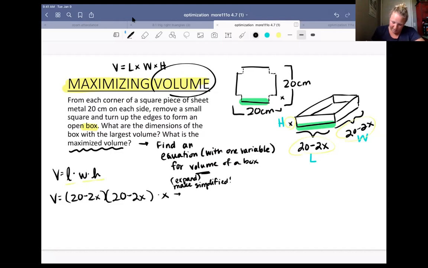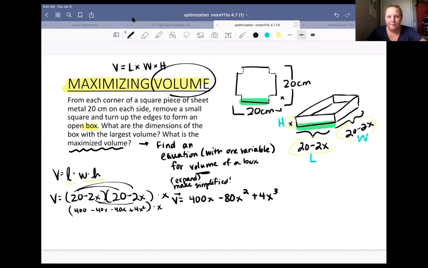So if you expanded this out, this and this, that's 400, minus 40x minus 40x plus 4x squared. And then that would clean up to be 400x, see that's 80, so minus 80x squared plus 4x cubed. There is the volume formula for this box cut out.